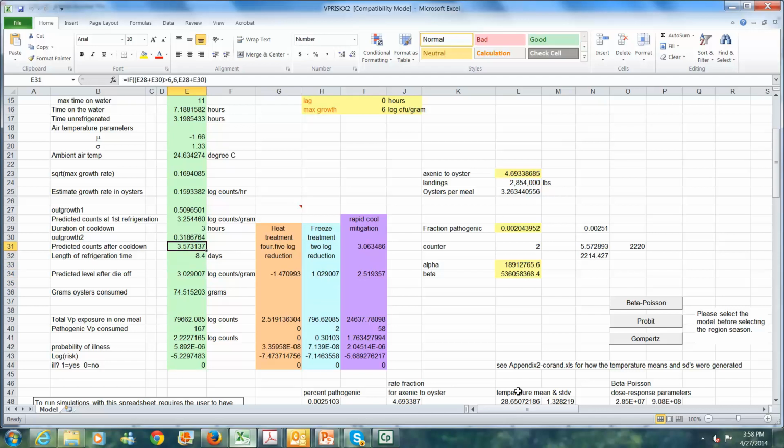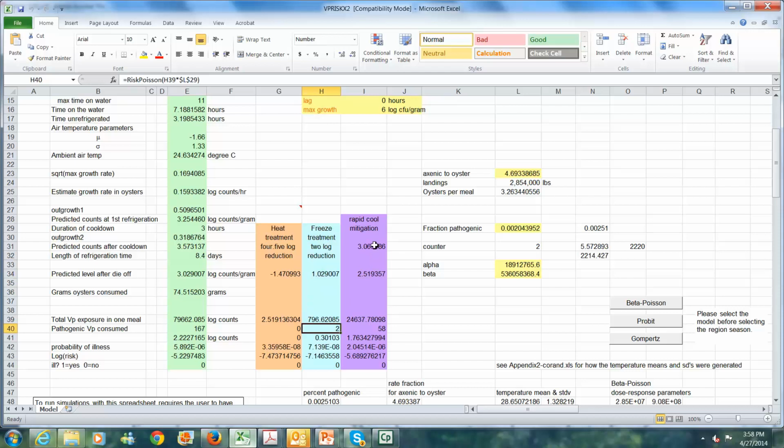Instead of the 3.6, I should be showing you after freezing, or excuse me, after refrigeration. So 3.02, 2 log reduction would be 1.02, and this person consumed 2 pathogenic Vibrio. So this says the heat treatment gets rid of all the Vibrio. The freeze treatment gets rid of most of the Vibrio.